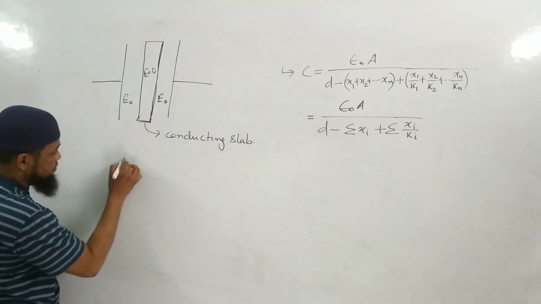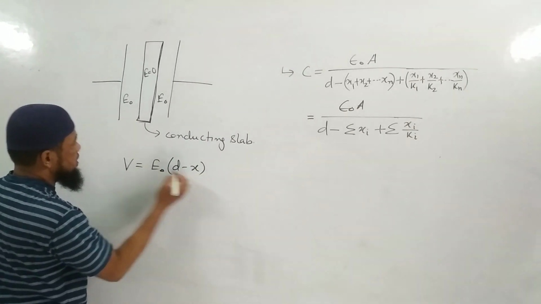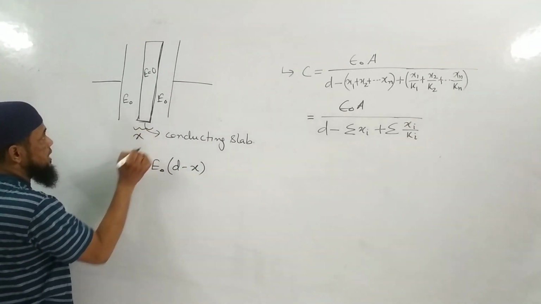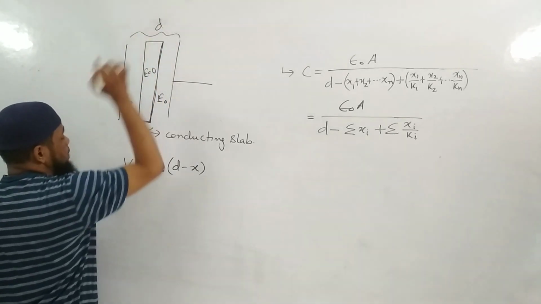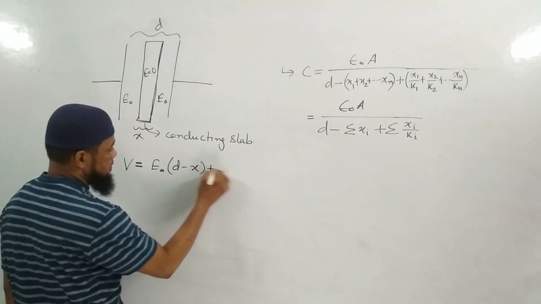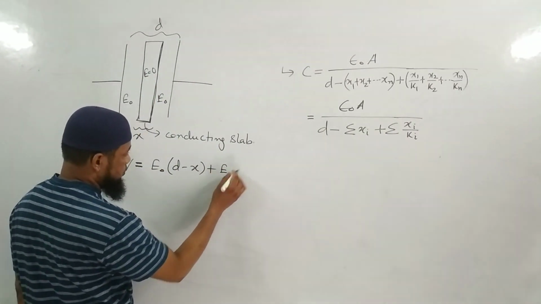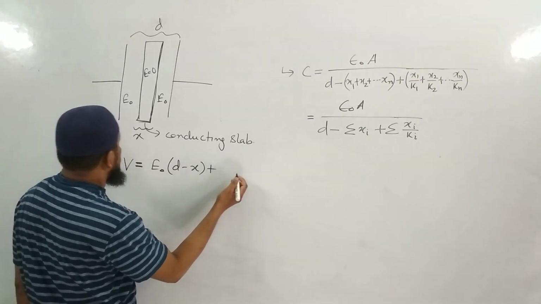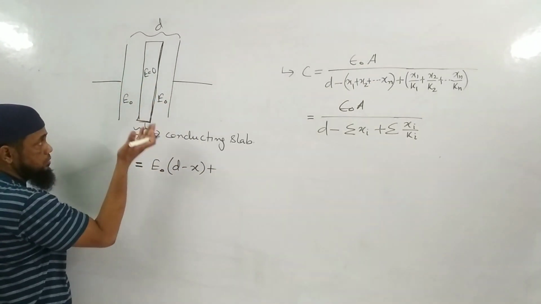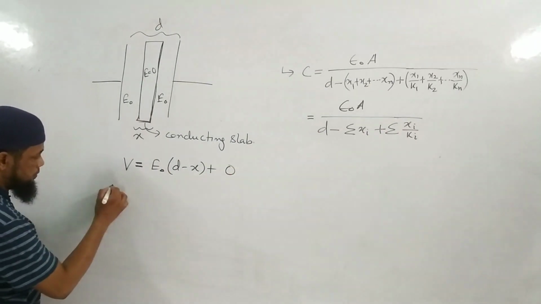So what will be the potential difference now? Potential difference will become E naught times D minus X. Let me call this thickness X. Separation between the two plates is D. So D minus X plus electric field inside is 0. In this region there is no electric field, so the second part will become 0.